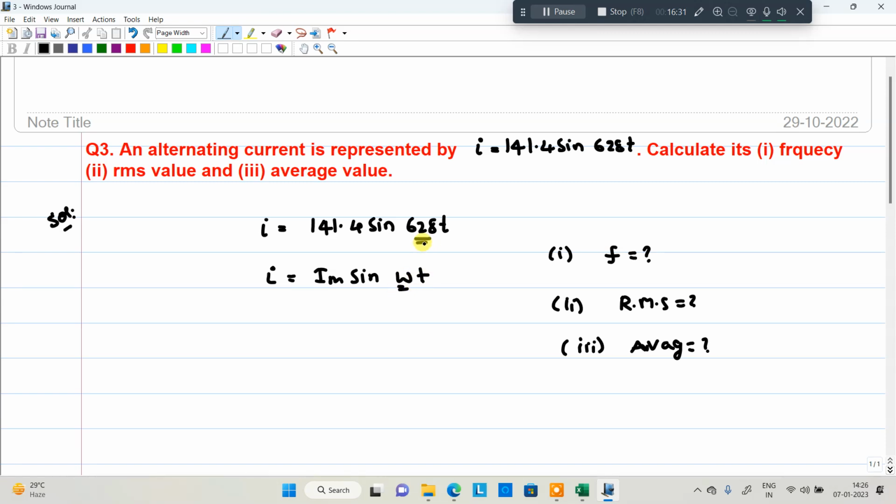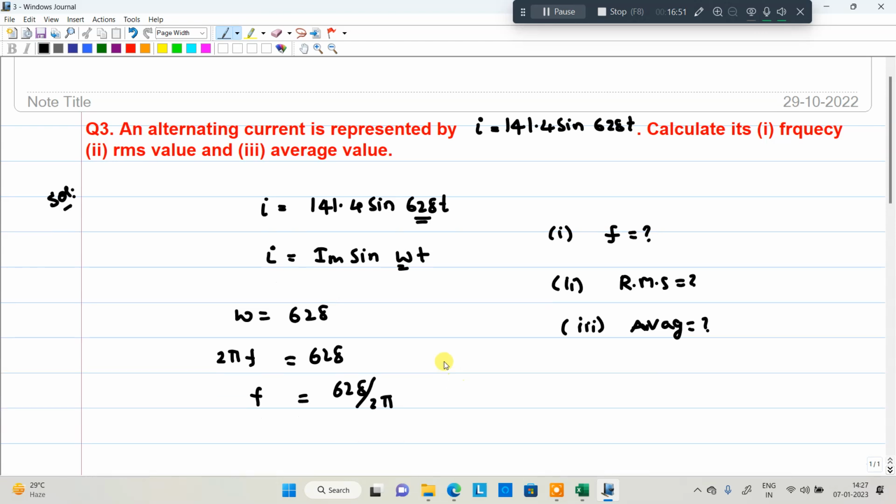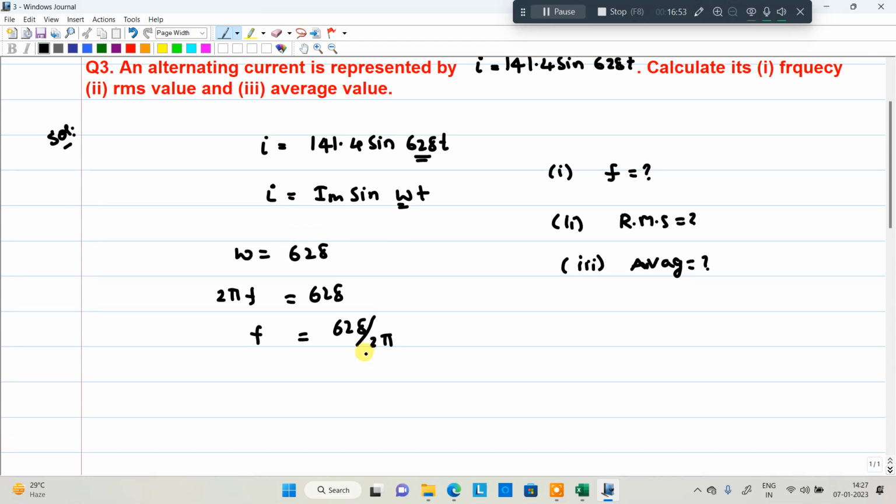Here omega is 628. Omega is equal to 2 pi f is equal to 628. From that, f is equal to 628 by 2 pi, which is approximately 100 Hz. Okay, the first part is done.